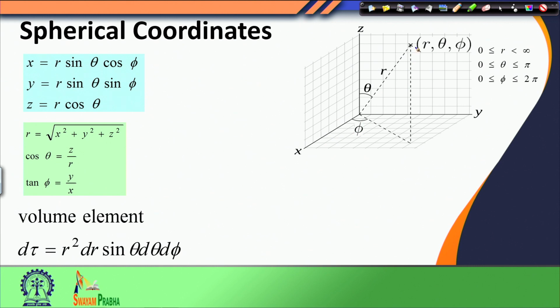When you make a projection of that point onto the xy plane, that vector makes an angle of phi with respect to the x axis.